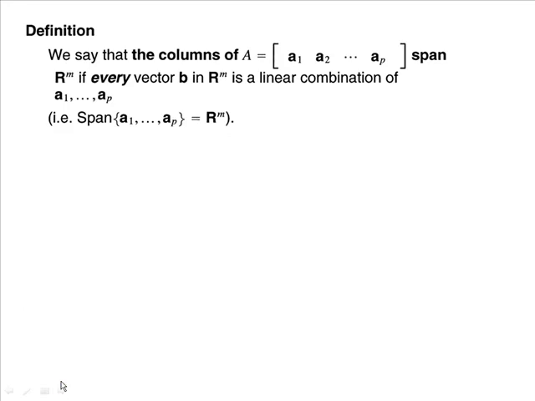In this definition, we say that the columns of A, a1 through ap, span Rm if every vector b in Rm is a linear combination of my vectors a1 through ap. And so we can write that the span of the columns of A is equal to Rm.